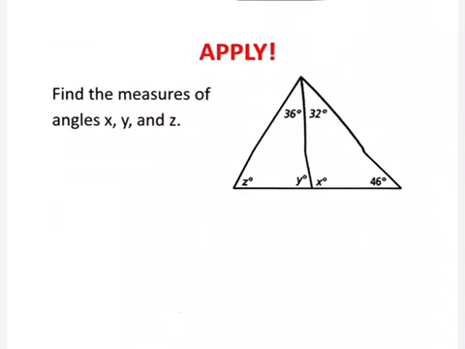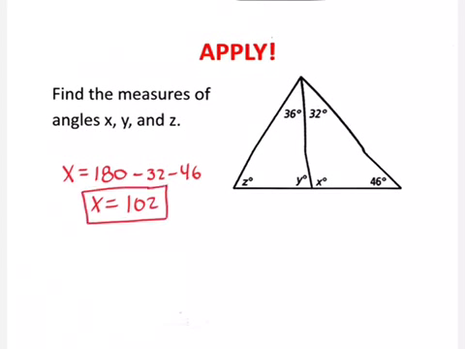Here we want to find the measures of x, y, and z. So remember that the angles of a triangle add up to 180. To find x, we would take 180 minus the other two angles. So 180 minus 32 minus 46. In this case, x should equal 102. If we know that x is 102, to find y, we're going to recognize that they're a linear pair.